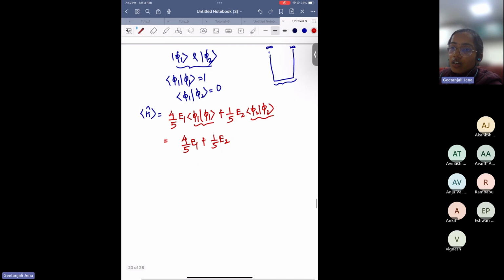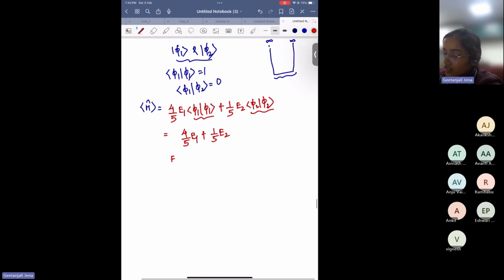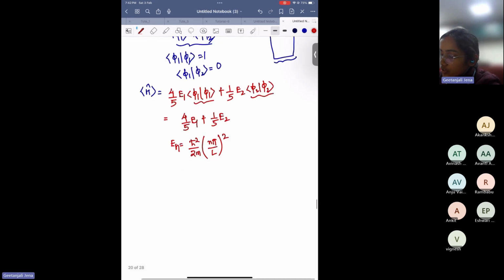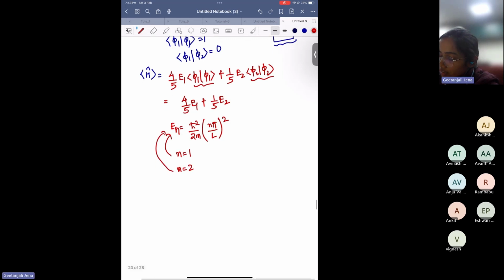Now use the expression for the 1D potential well. What is the expression for En? En is written as h square by 2m times n pi by L squared. So put n equal to 1 and calculate it, and n equal to 2, and calculate what value you are getting.